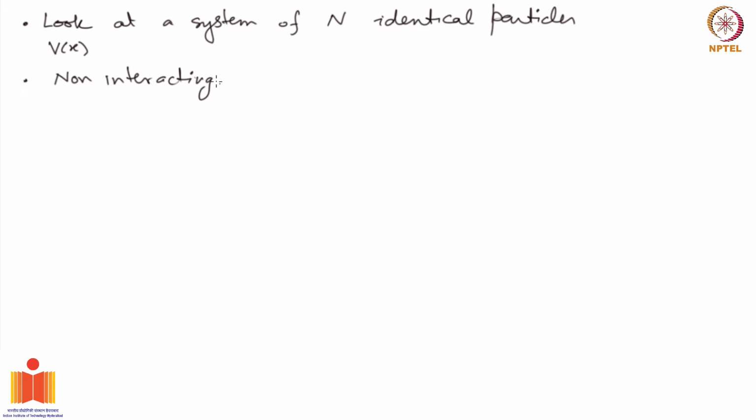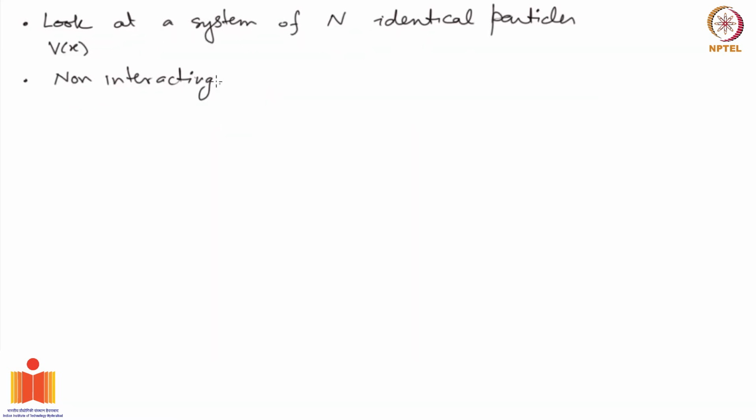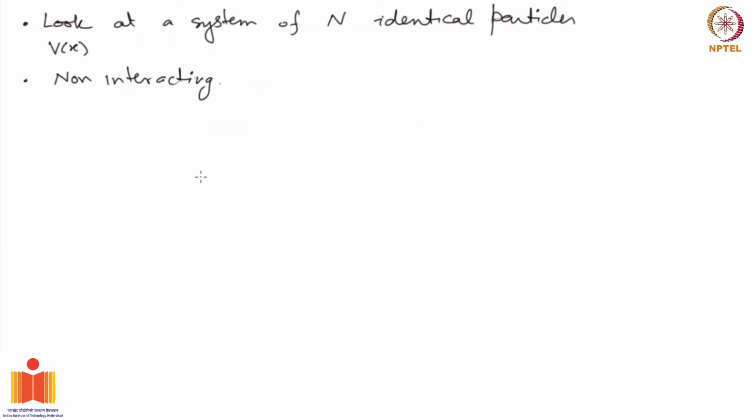Now I want to look at this system, and I will show eventually that the system that we were discussing earlier, this one and this one, are equivalent. At least as far as this system is concerned, whatever you find here, you would find in the previous description also.